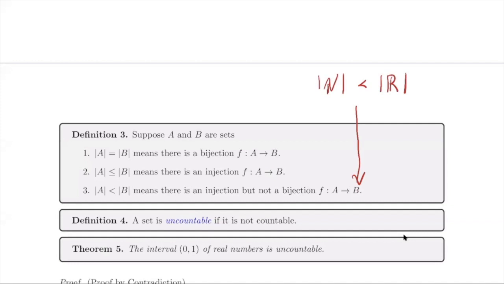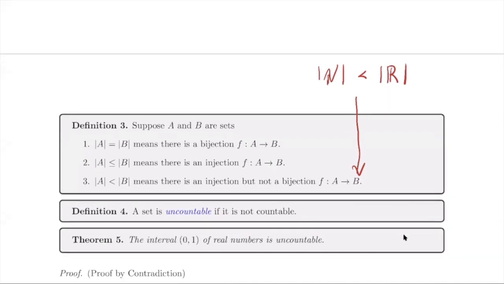However, what we would need to prove is that there's no such bijection. That's what we'll work our way towards proving. Why are the real numbers and the natural numbers different? The real numbers are an example of a set which is uncountable. We define uncountable as the negation of countable, so anything which is not countable we consider uncountable.